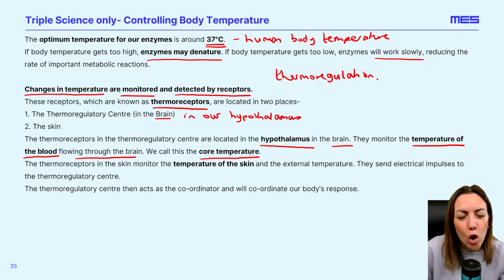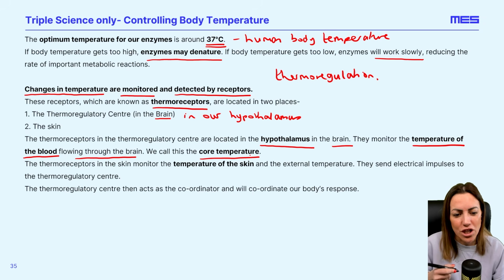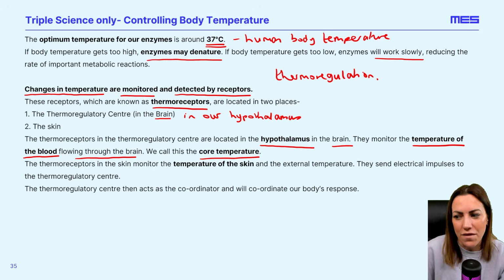We call that our core temperature, our inner temperature. So as blood is flowing through your brain, through your hypothalamus, the temperature receptors are monitoring the temperature of the blood, or the core temperature, and detecting any change in the temperature of that blood.